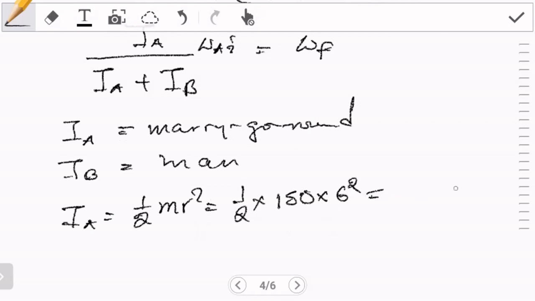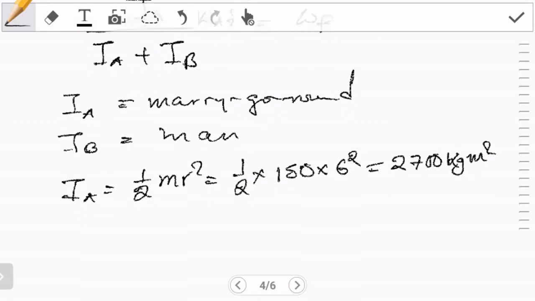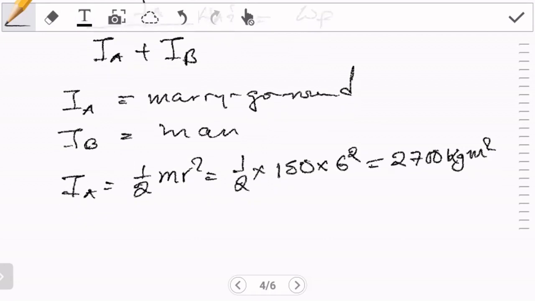If we work this out, we get 2,700 kg meter squared.